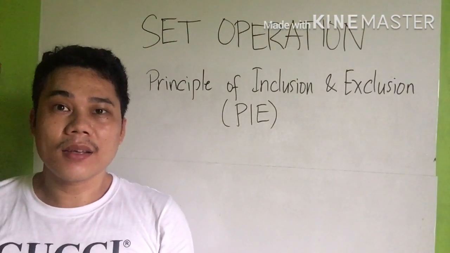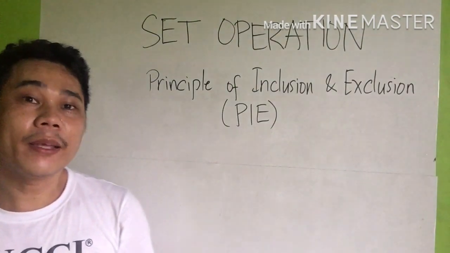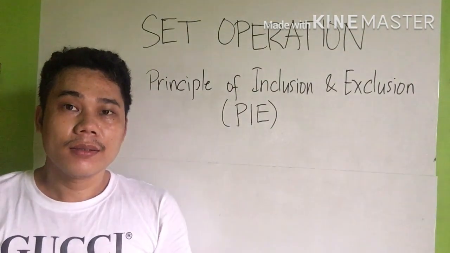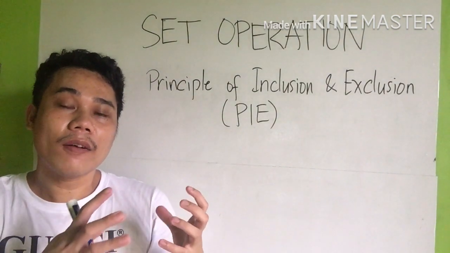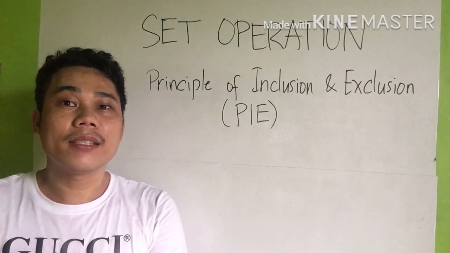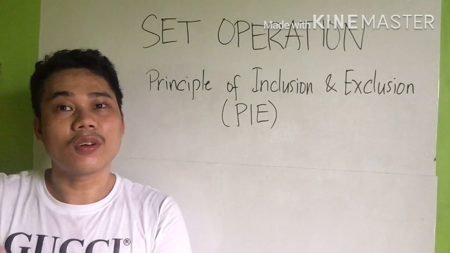Let us now state what we call the principle of inclusion and exclusion, or simply PIE. So what does it say? It relates the connection between the cardinality of the union and the cardinality of the intersection of two sets, or three sets and more.